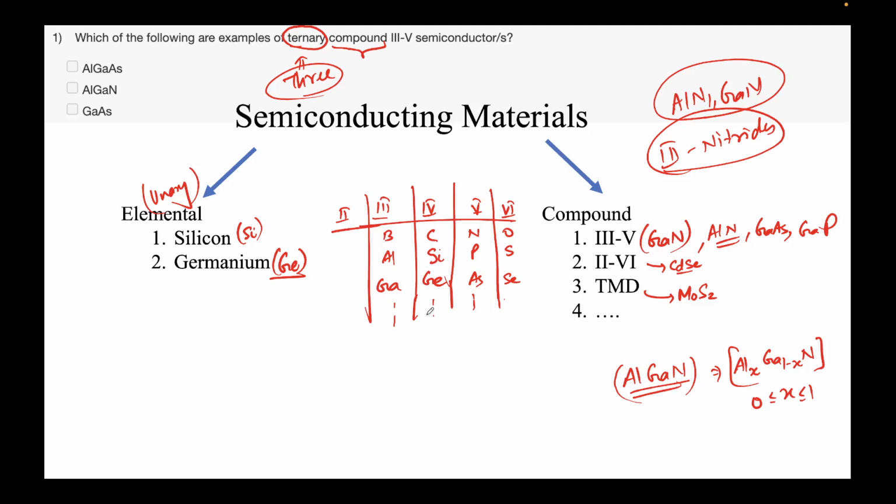By growing we mean epitaxial growth. All these materials listed here are grown in machines colloquially known as growth tools. Predominantly, two very basic examples: one is MBE, molecular beam epitaxy, and the other is MOCVD, metal organic chemical vapor deposition.